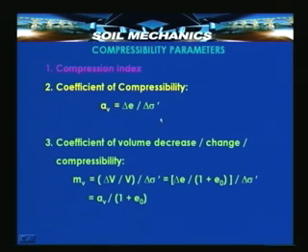Now, we also have another parameter known as the coefficient of volume decrease or volume change or volume compressibility, which is nothing but the change in void ratio per unit void ratio divided by delta sigma dash, that is a v upon 1 plus e 0. There are these two parameters.